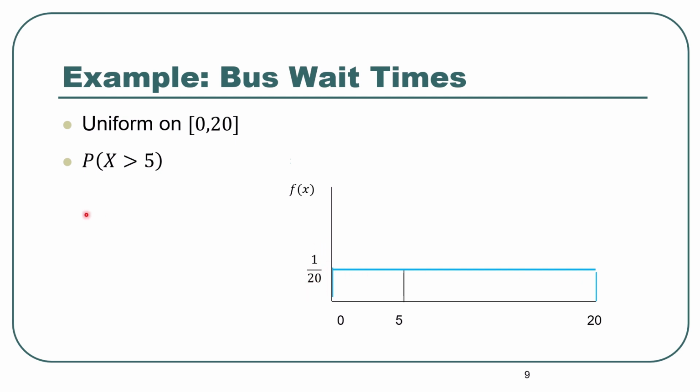This is the height, and we want to calculate the probability of x greater than 5. If this is 5, then we want to find that area. That area is exactly equal to the area of this green rectangle, which is the length of the interval, 20 minus 5, over the total length from 0 to 20, or multiplied by the height again, and this is it, the solution for that one, 15 over 20.